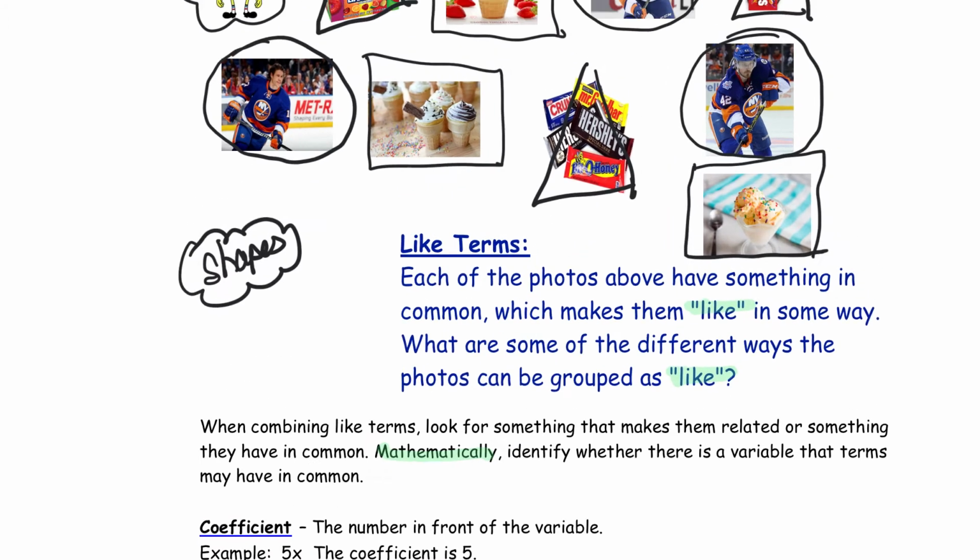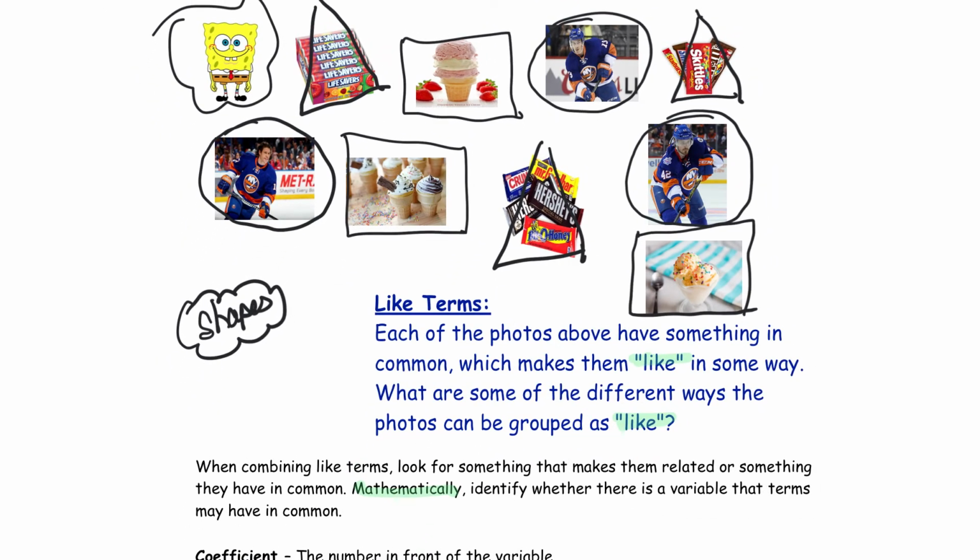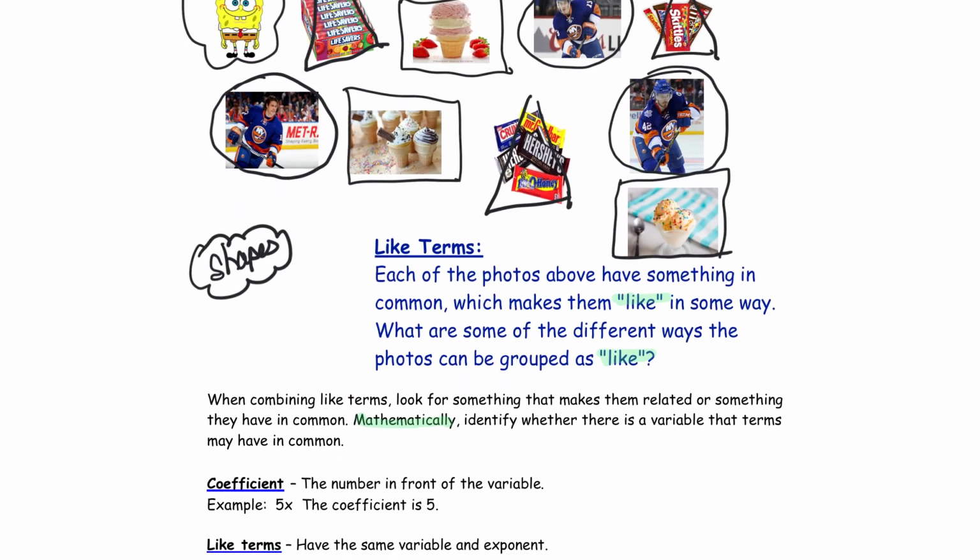It's easy to identify because they are things we're aware of, things that I happen to like. But when it comes to the math part, we're going to shift our thinking into math thinking instead of the visual for actual types of items. We're going to look at the variables. And remember, variables are the letters that generally represent numbers in math.